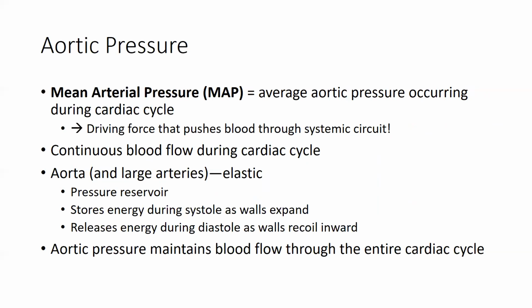Why? Because when the valve is open, the vessel stretches. It stores some energy. When the valve closes, the vessel is going to recoil or constrict on itself, and that is going to generate some new pressure, which is going to maintain continuous perfusion. Okay? So the aortic pressure is going to be maintained throughout the entire cardiac cycle.